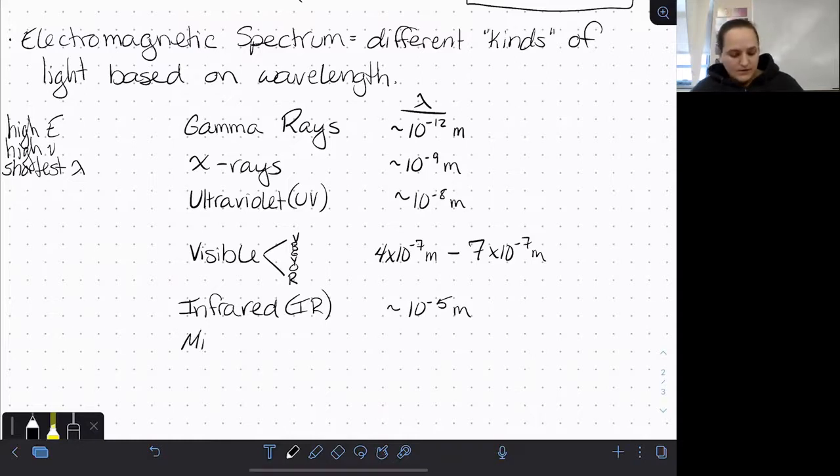Then we get into microwaves, which are on the order of 10 to the minus 3rd meters for their wavelength. Microwaves are what is used in microwave ovens to cook food. There has been a lot of concern in the past that microwaves could be dangerous and could be hurting or damaging your food and could be damaging to you.